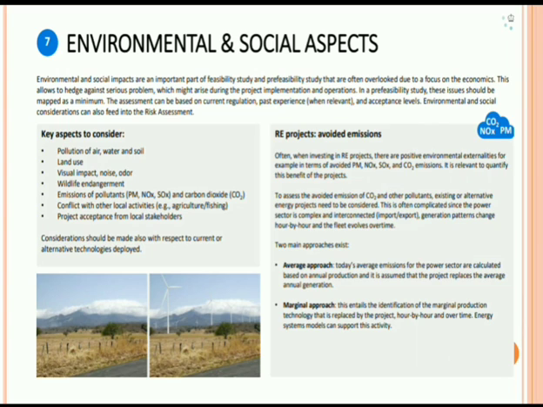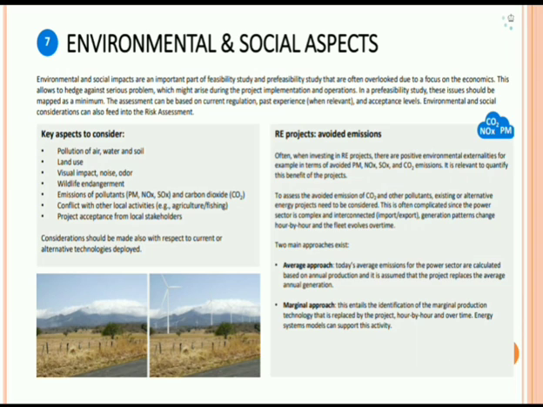The environmental and social considerations can also feed into the risk assessments by studying the environmental and social things. We have to consider all the environmental and social things. By that, we can feed into the risk assessment. Means we can calculate what are the risks that can arise in the project operations.